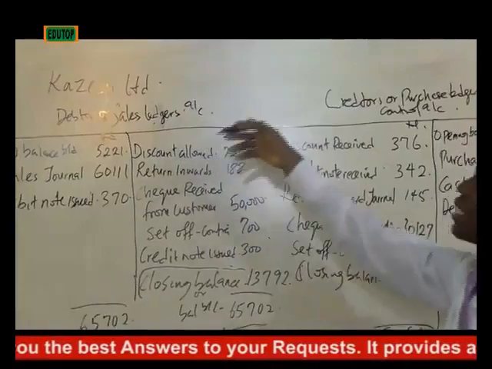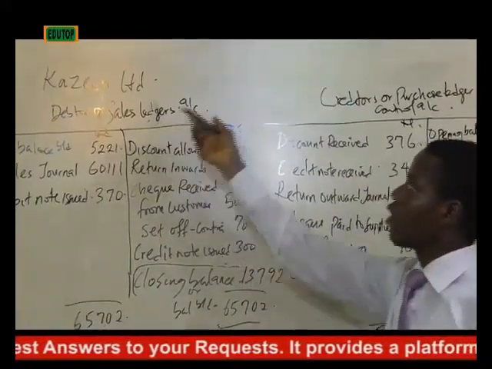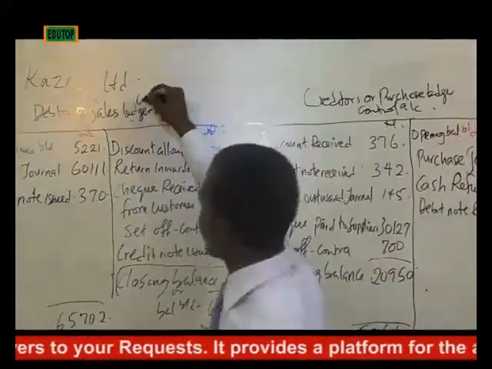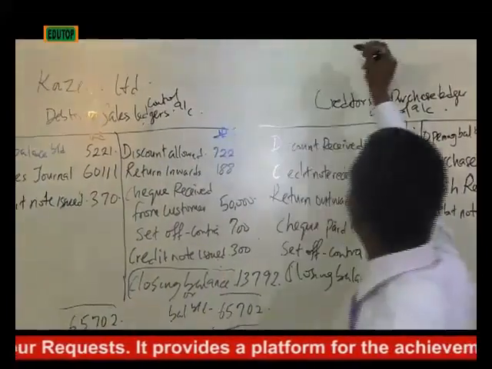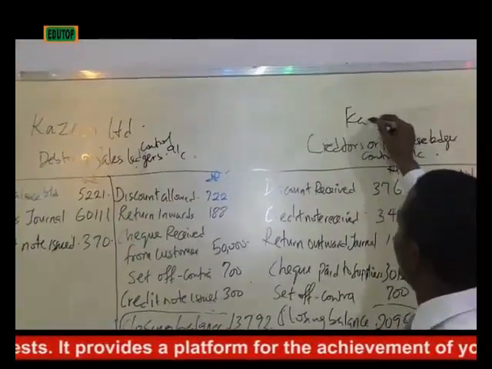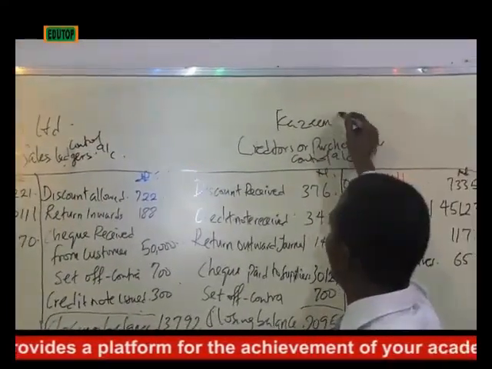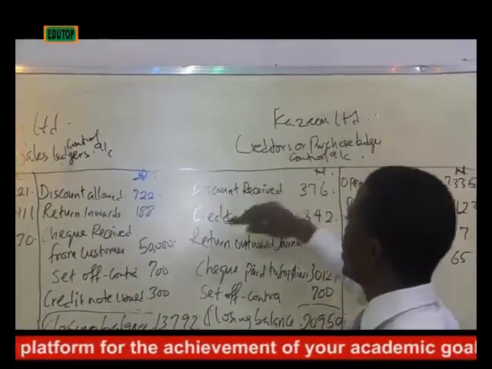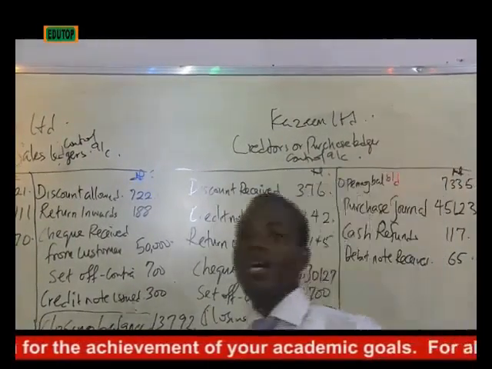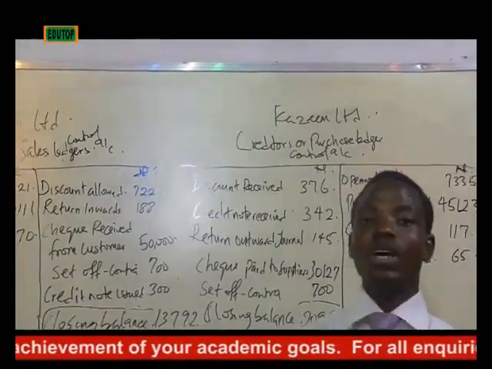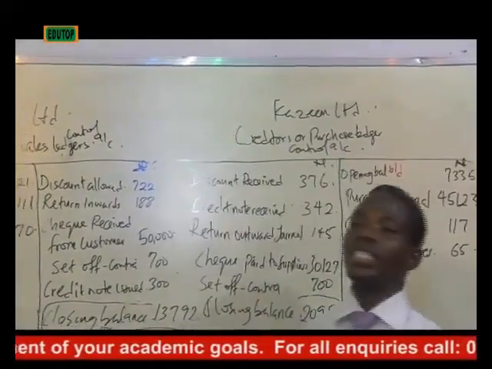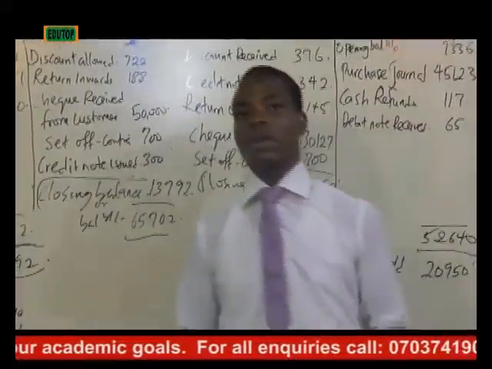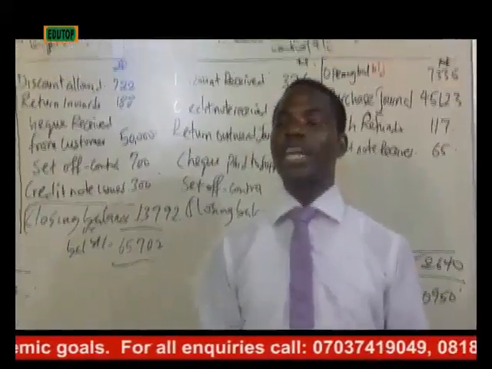So Kazim Limited, debtors, sales ledger control account. Then also Kazim Limited creditor purchase. So when you are preparing an account, you must make sure you write a heading that also attracts mark at the end of the day.